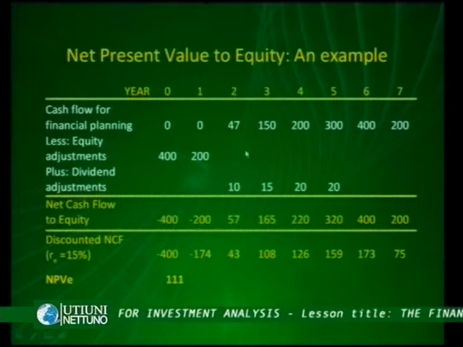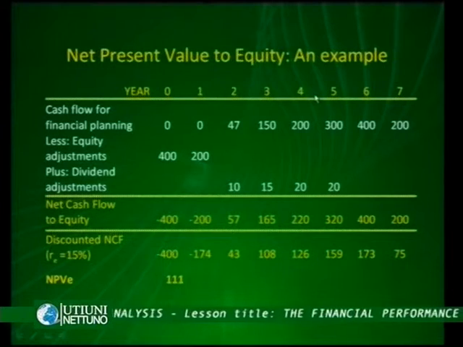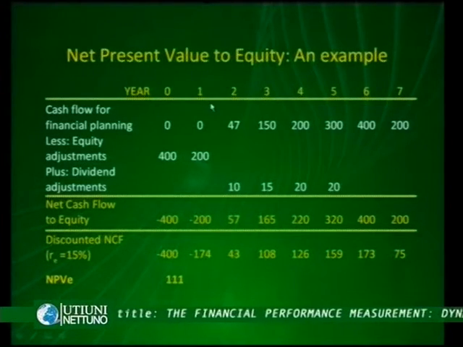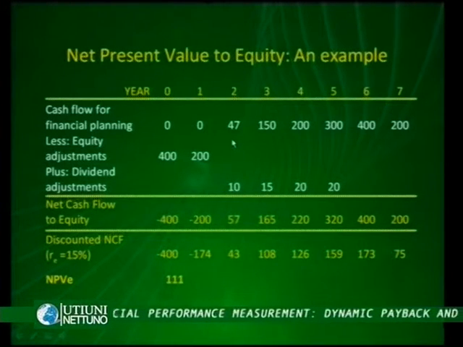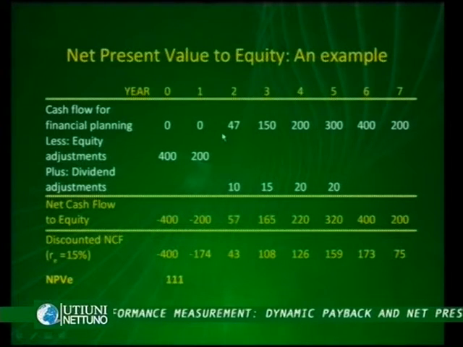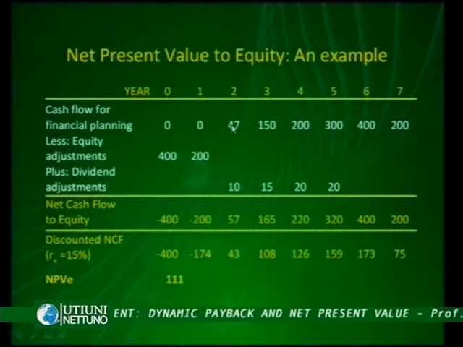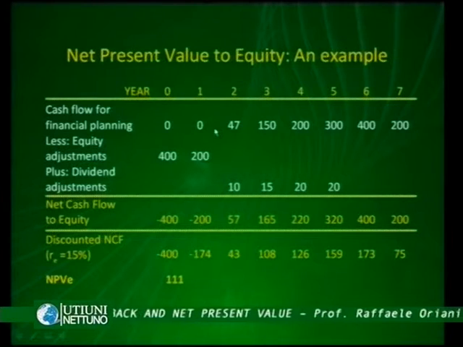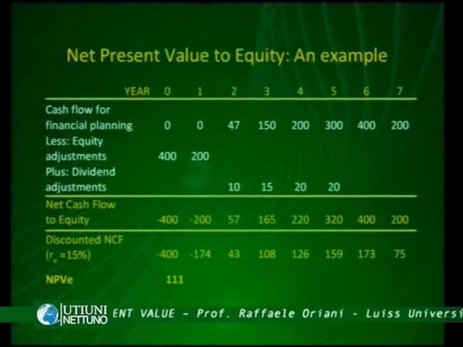And then, as you will see, in years 2, 3, 4, and 5, when the project is paying dividends, the net cash flow to equity will be higher than the cash flow for financial planning, because there will be some cash going from the project to the shareholders. In other words, this cash flow for financial planning was originally including for the project an outflow equal to 10, but this outflow of 10 from the perspective of the project becomes an inflow of 10 for the shareholders that will receive the dividend that is paid.